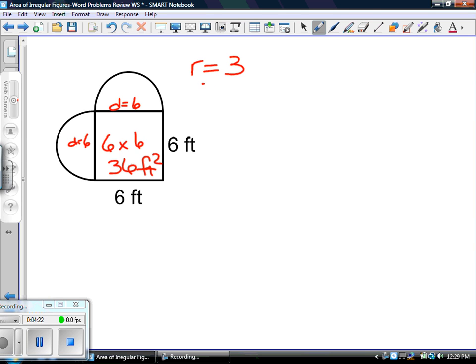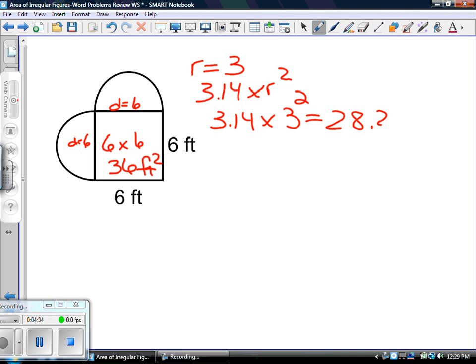I know that my formula is 3.14 times the radius squared. So 3.14 times 3 squared, and this will give us 28.26. And that is feet squared. That's our area label, always square units.